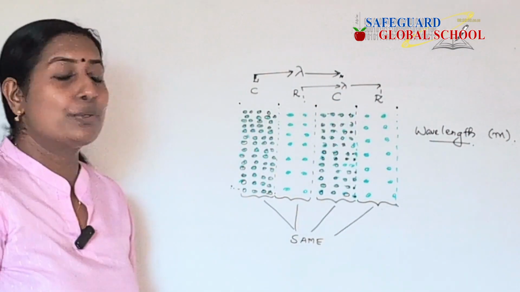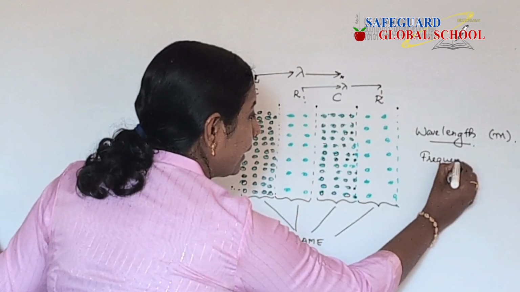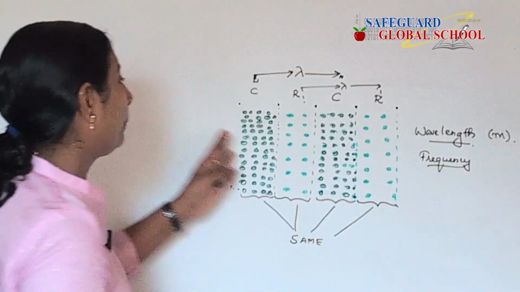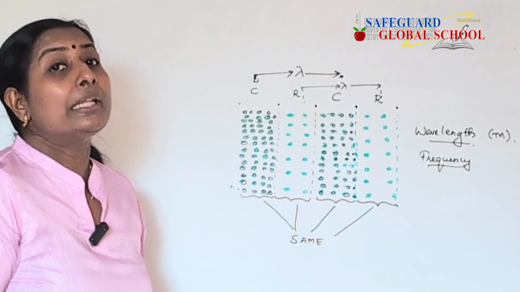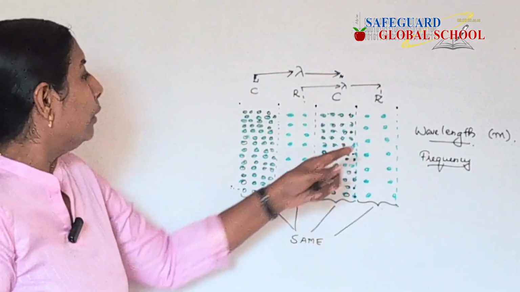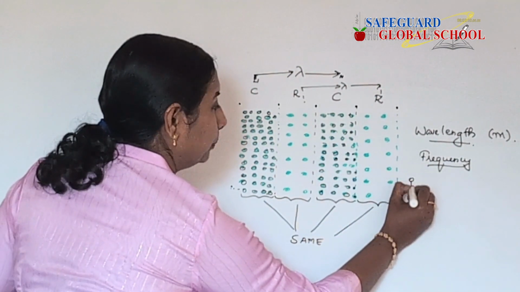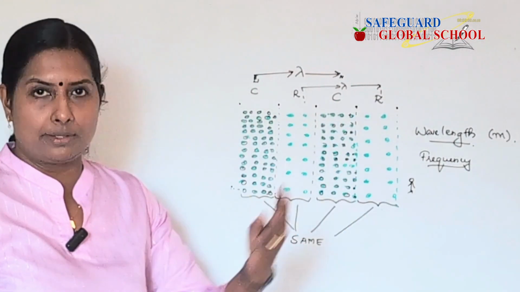Next, we go on to the concept of frequency. Frequency of sound. If a sound is getting propagated as a series of compressions and rarefactions, what do you mean by the frequency of sound? Listen children, while we are standing here, suppose some compressions and rarefactions are crossing us.